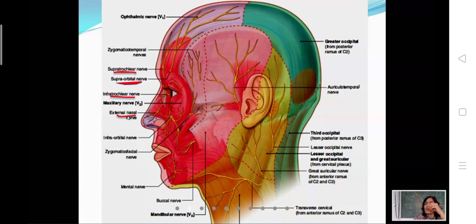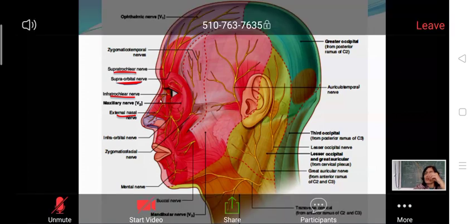After reaching the face, it will supply the external nose up to the tip of the nose. So this is the distribution of the ophthalmic nerve, which supplies the forehead, upper eyelids, dorsum of nose, tip of nose, and side of nose.